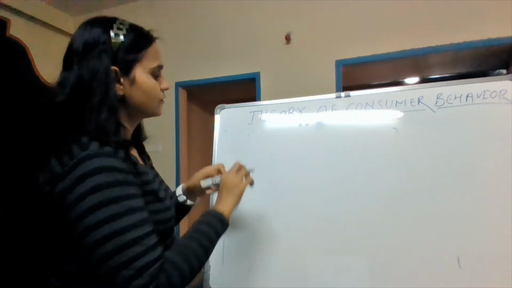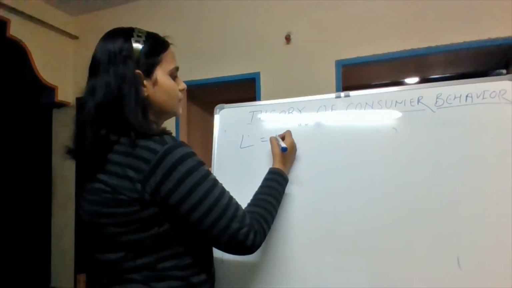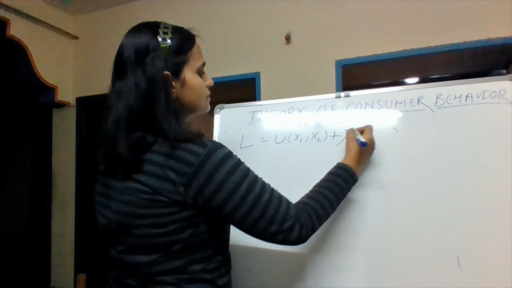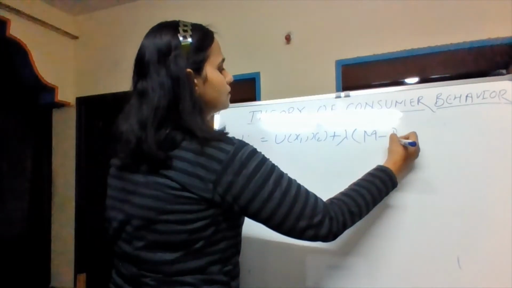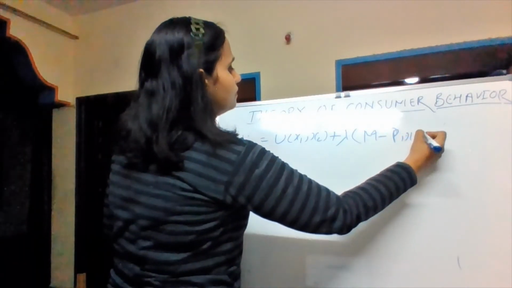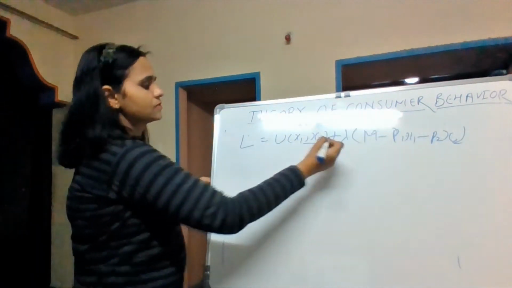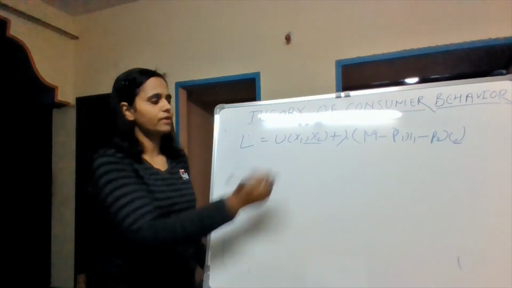Okay, this was L equal to u(x1, x2) plus lambda times (m minus p1 x1 minus p2 x2). This is your constraint, this is your function for which you have to derive.